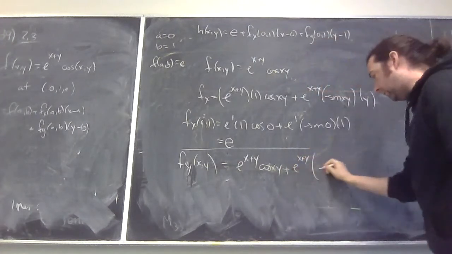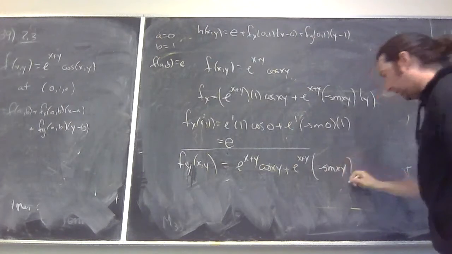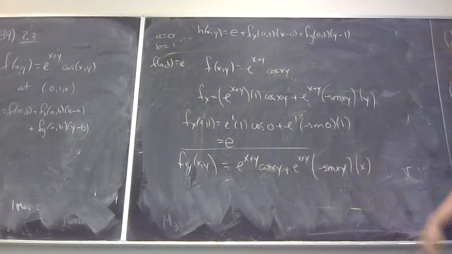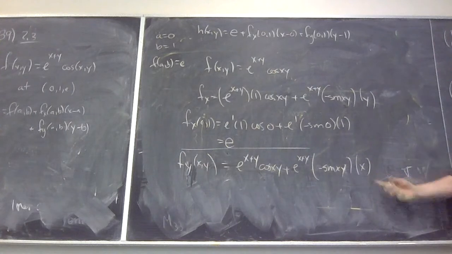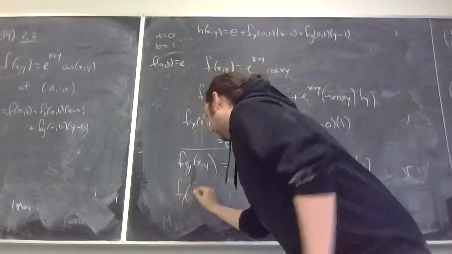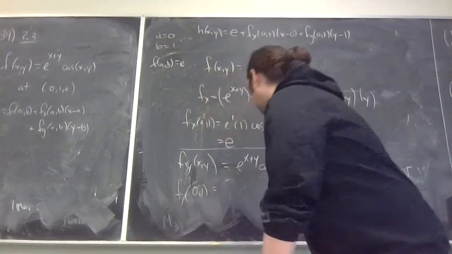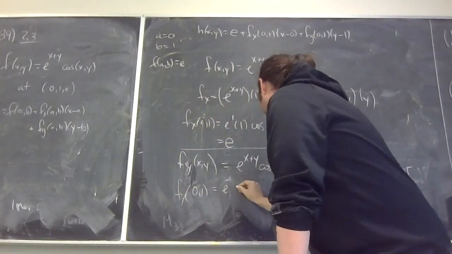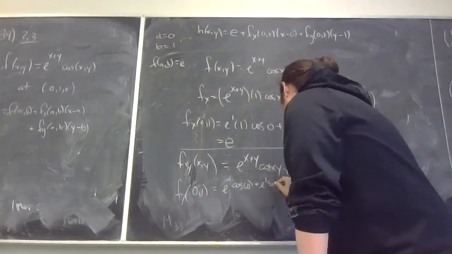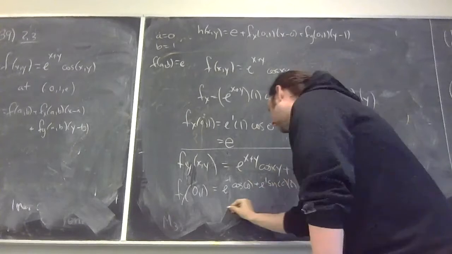The derivative of cosine is minus the sine of xy, and then the y derivative of the inside is x. So it's even more 0. So f_y at (0, 1) is going to turn out to be e to the first times the cosine of 0 plus e to the first times the sine of 0 times 0, which is e.